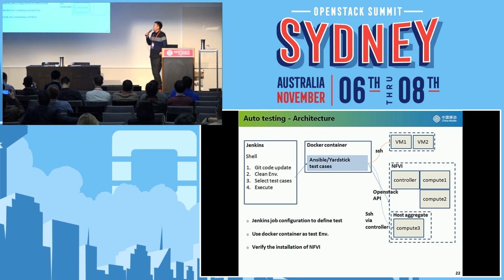In the Docker container, we wrote several test cases in Ansible and Yardstick, and they go to the NFVI and controller and those virtual machines. The Jenkins job configuration is to define the test, and use a Docker container as a test environment, and it will verify the installation of NFVI.